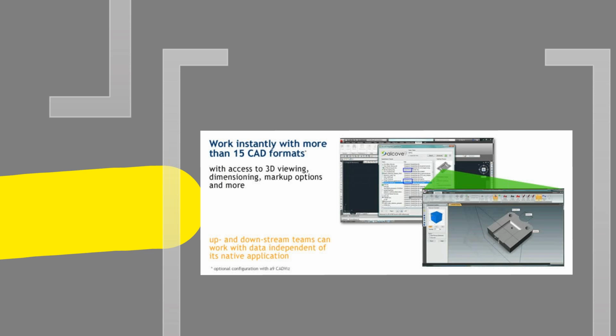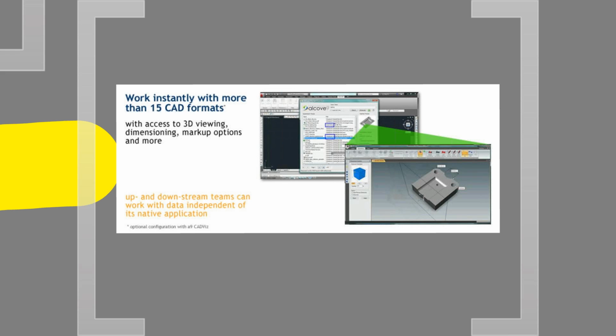If it happens to be a 3D model, we have also an optional solution embedded inside our search routine. If you click on the thumbnail for that 3D model, we open it in a viewer that can accommodate over 15 different CAD formats, where you could zoom in, zoom out, cut some sections, throw some measurements on it, and mark it up for any kind of design review, so that you get to see what that 3D model looks like.